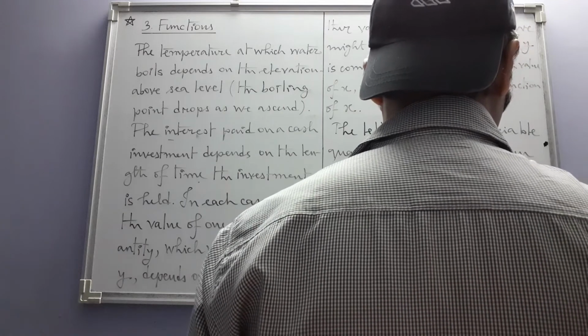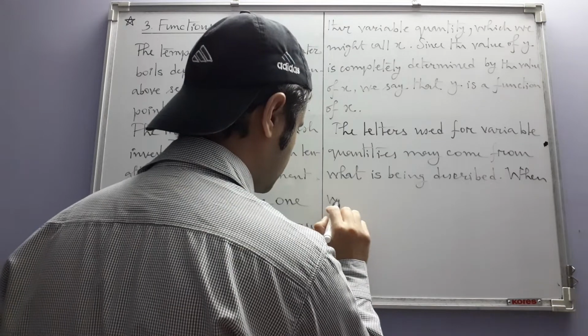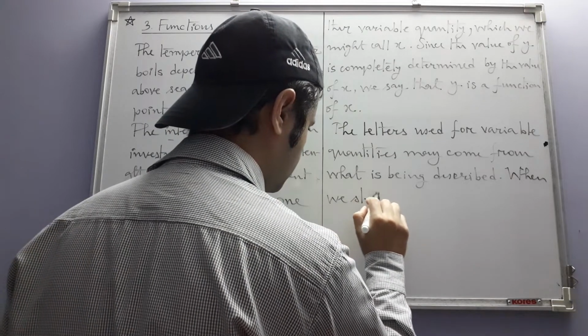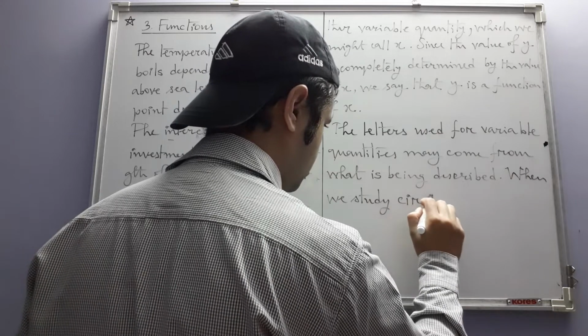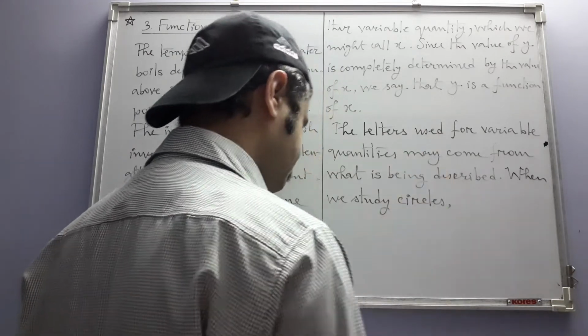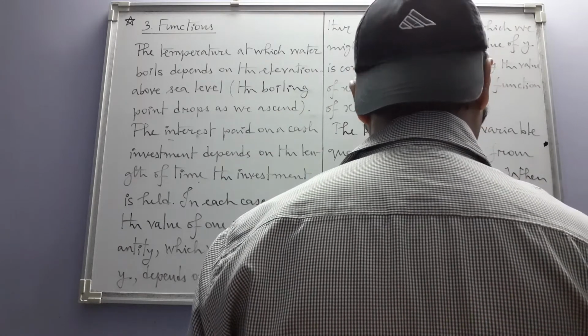For example, when we study circles, we usually call the area A.